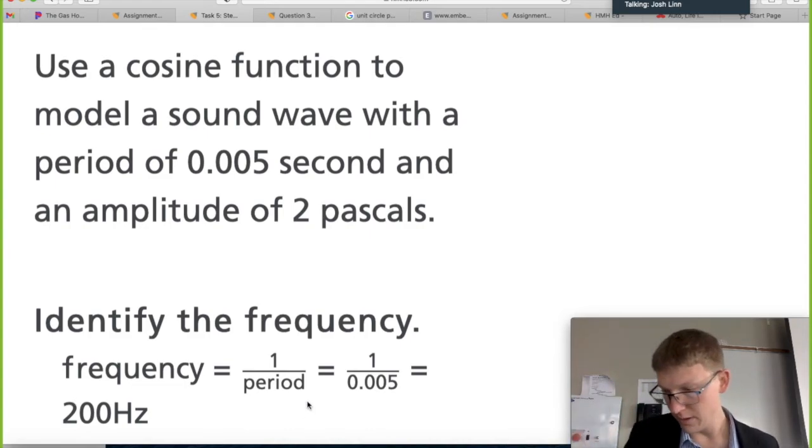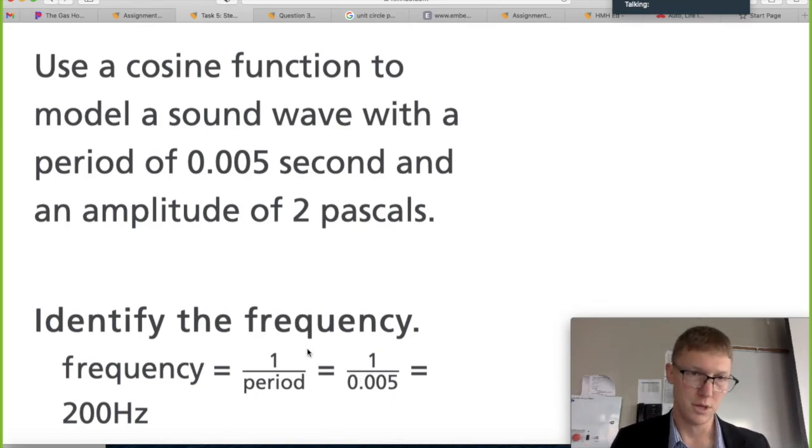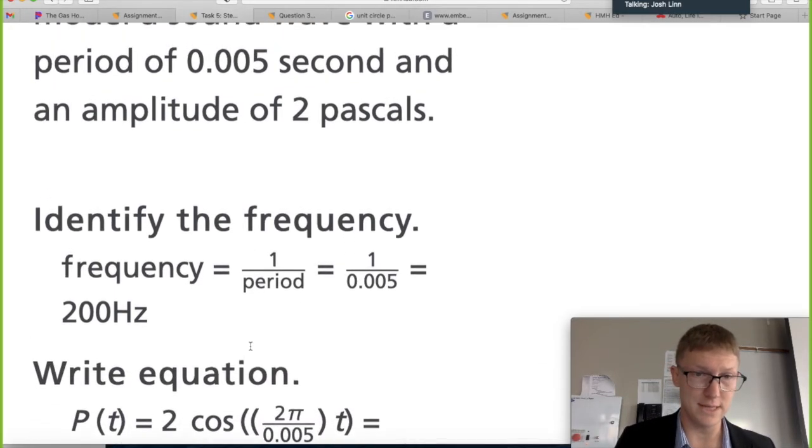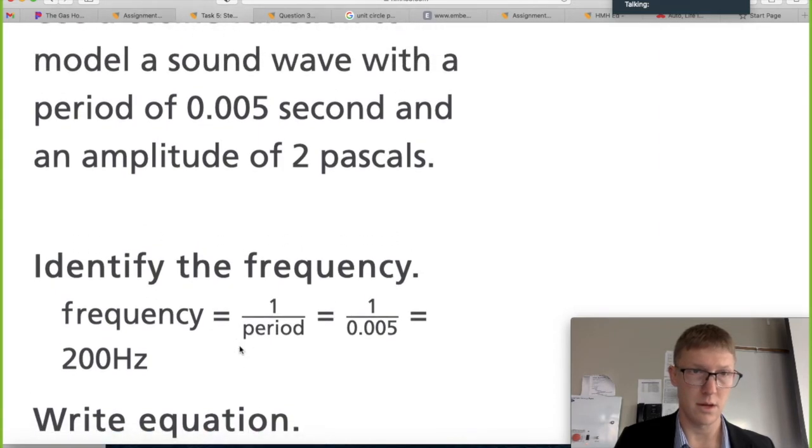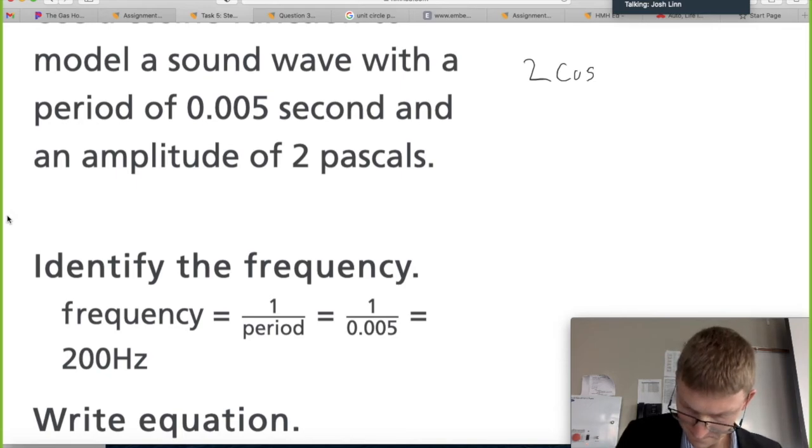That can tell you what note that it's playing. So then when we want to graph it, it's given us an amplitude of 2. So we have cosine. We have 2 out here in front. And our period is 0.005.